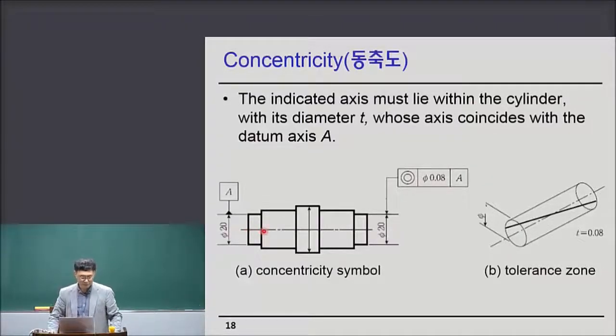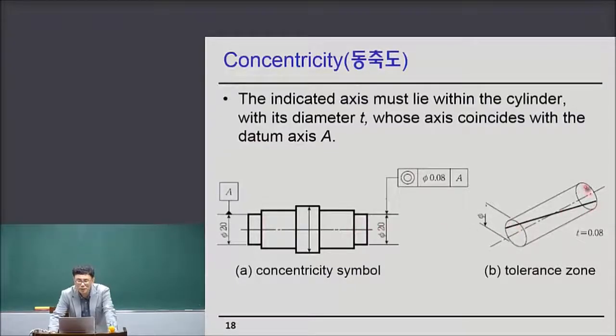This axis is the datum A, and the concentricity symbol indicates another pi 20 cylinder, so the axis of this portion.